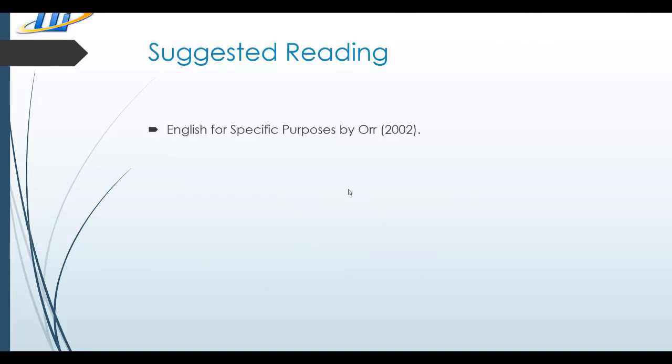So Orr 2002 has edited an excellent volume of English for Specific Purposes, published by TESOL in Virginia, of case studies describing 12 ESP programs, 6 university-based and 6 workplace-based.